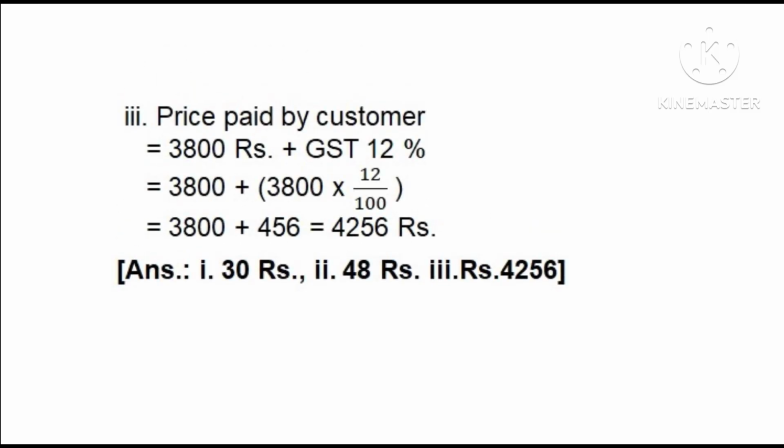3. Price charged to the customer by the retailer, that is retailer's SP, was 3,800 rupees. 12% GST is to be paid on this price. Therefore GST is equal to 3,800 multiplied by 12 divided by 100, equal to 456 rupees.